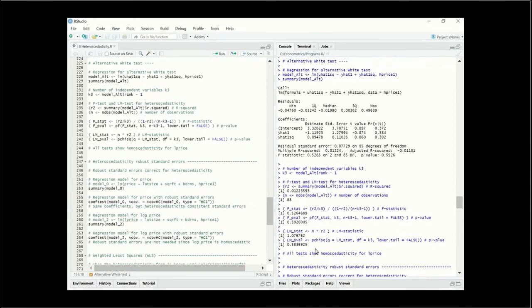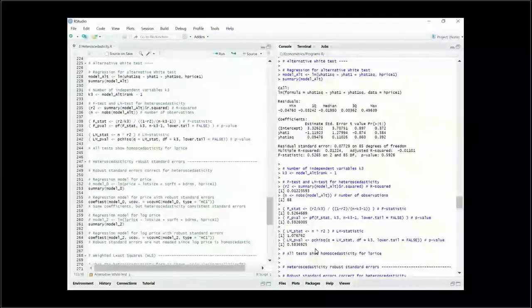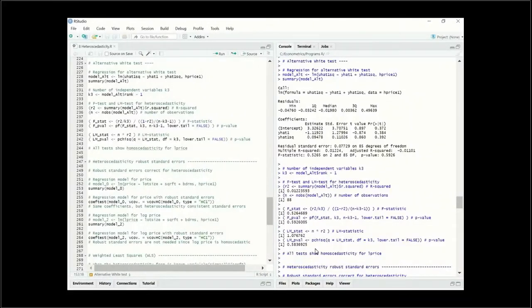So the bottom line here is this. Using the three tests, Breusch-Pagan, White, and alternative White test, we find that the model for price has heteroscedasticity in it. The model for log of price is homoscedastic.